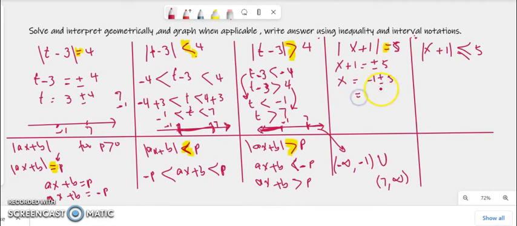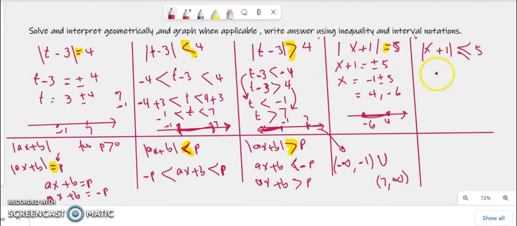So it's negative 1 plus 5, that's 4, or negative 1 minus 5, that's negative 6. So 4 or negative 6, let's graph this. 4 and negative 6. And this is equal, so no parentheses, no bracket.